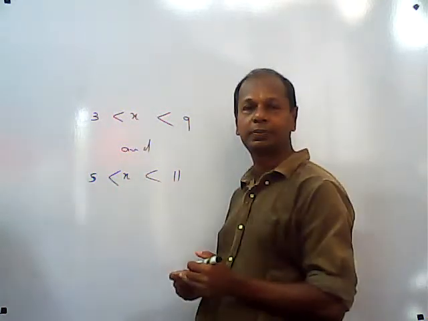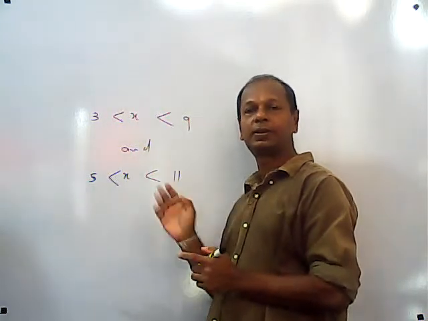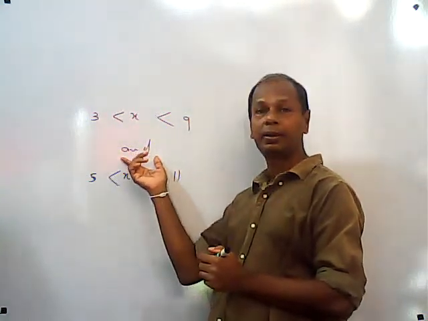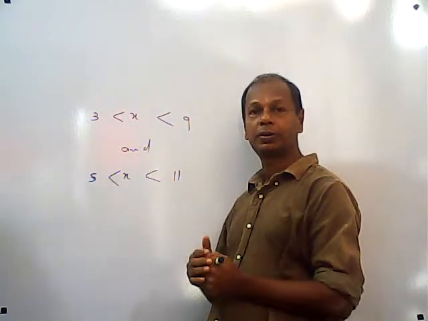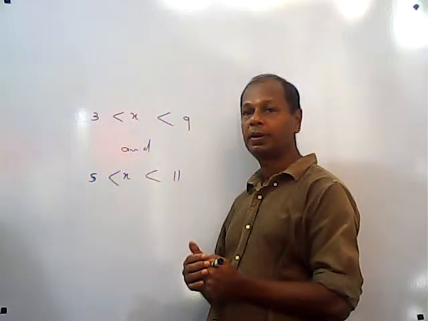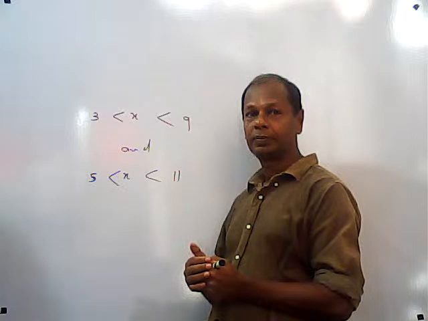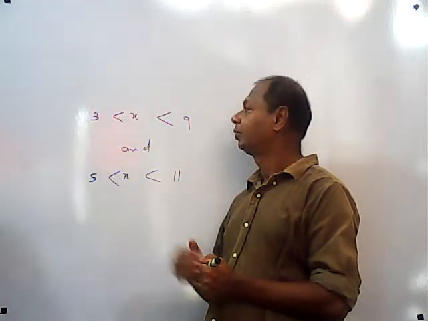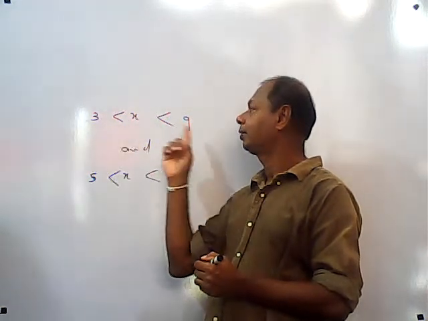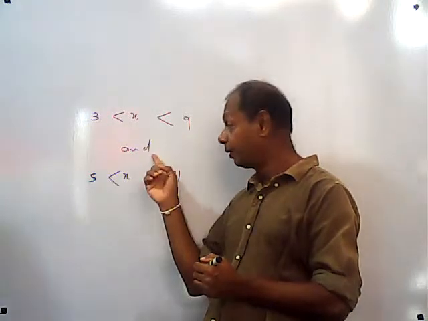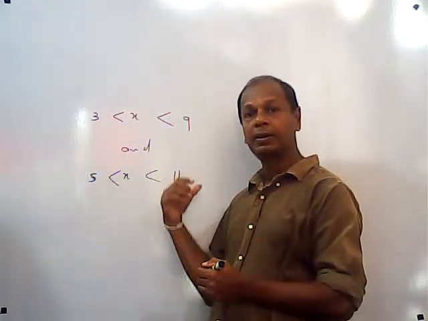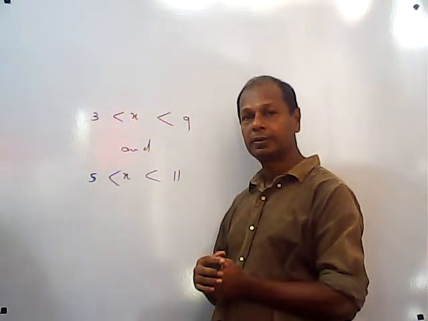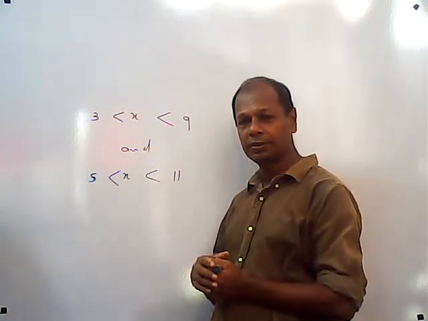What is the common set, satisfying both conditions, connected by 'and'? It becomes the common set. What is the answer? x is greater than 3 and less than 9, and x is greater than 5 and less than 11. What is the set of x for this?